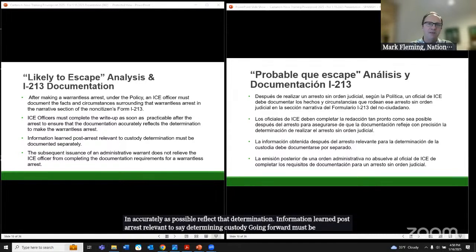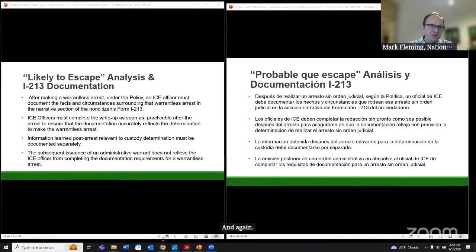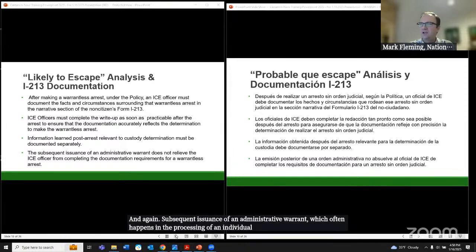That cannot be the basis for the warrantless arrest. And again, subsequent issuance of an administrative warrant, which often happens in the processing of an individual, does not relieve the ICE officer from completing the documentation and requirements for a warrantless arrest. Next slide.